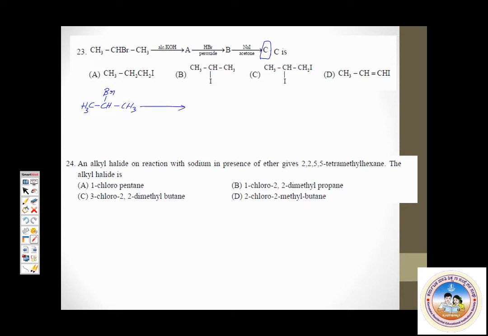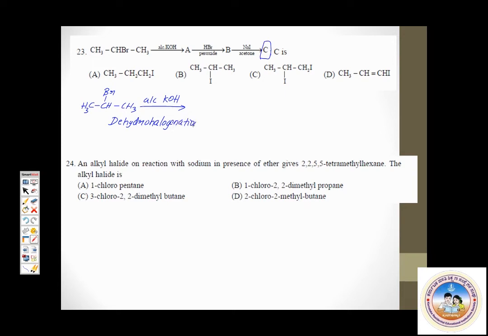So dehydrohalogenation gives you an alkene, right? So bromine is removed with one of these hydrogens and you end up getting an alkene. That alkene is CH3CH=CH2. You get propene. So compound A must be propene.